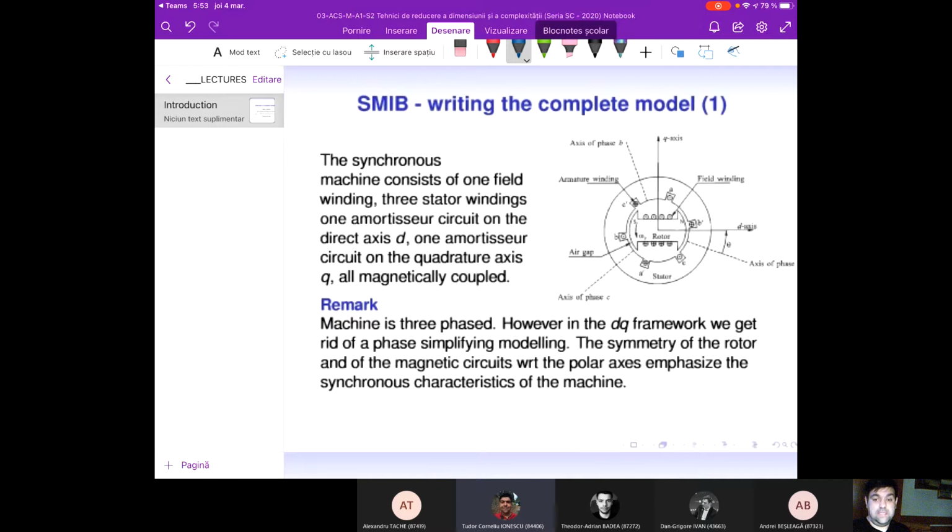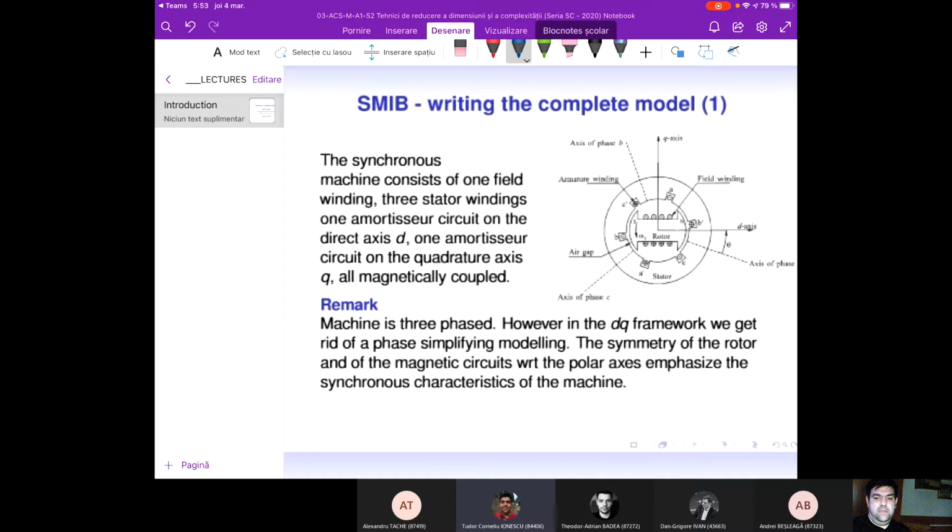It has 3 phases. However, someone was smart enough to say that 2 axes are enough, the so-called DQ framework. So you get rid of a phase, and thus the electrical model is simplified.